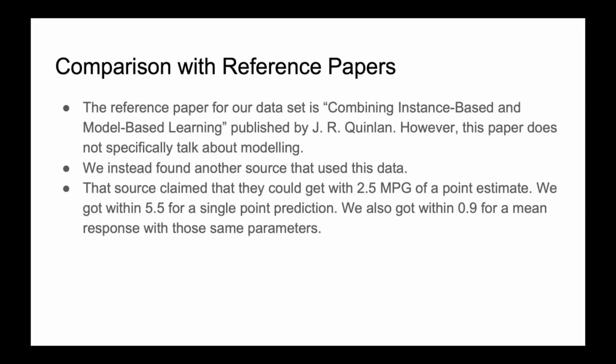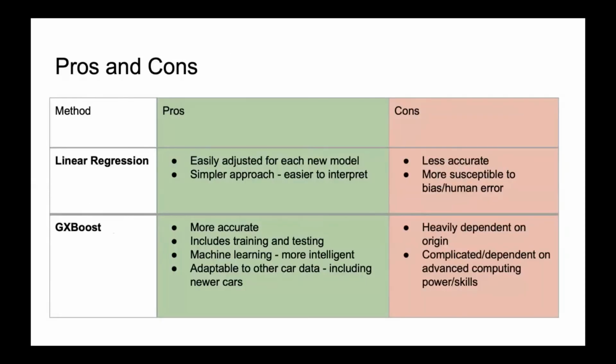And what they got is they built a model that could reliably predict the car's MPG given some information within 2.5 MPG of the actual value. And our model could predict the car's MPG within 5.5 of the actual value. And also we got a 0.9 range for a mean response prediction. So Evan will summarize the pros and cons next.